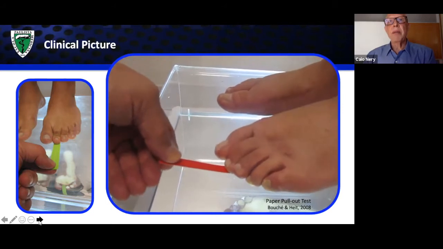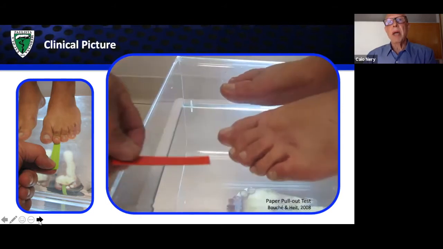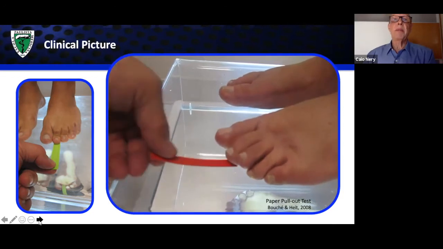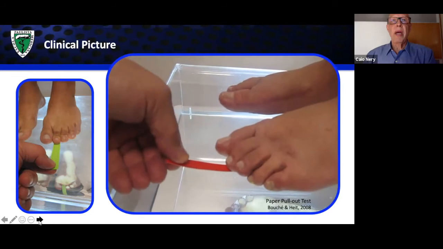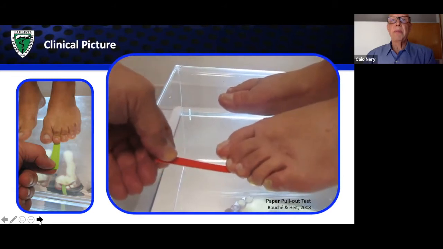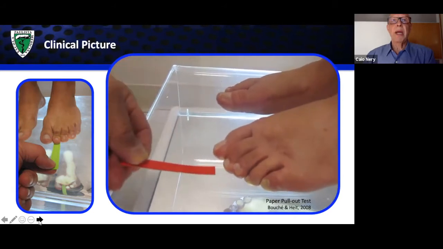When the patient is able to resist in some way, but not so efficiently that the paper cannot be removed, the result is considered reduced. And when the power exerted on the paper strip is so weak that it can be easily removed, the test is considered definitely abnormal.